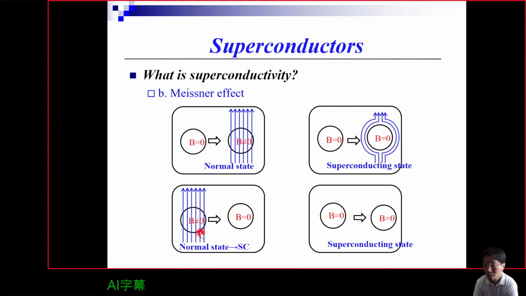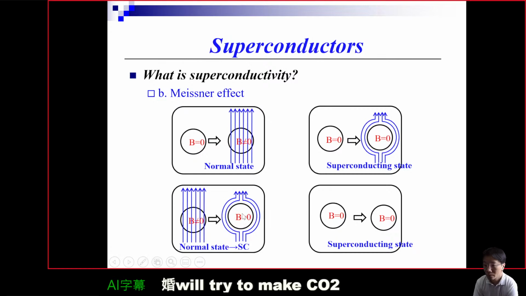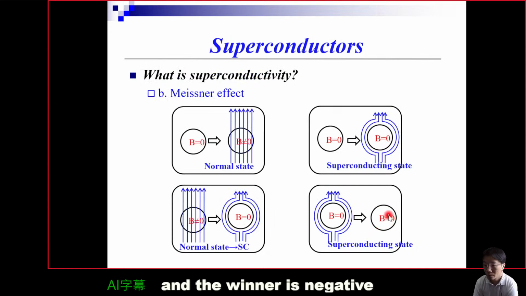The third situation is in the normal state. When we apply the magnetic field here, then cool down below the Tc, the magnetic flux will be pushed outside the superconductor. And in the superconducting state, there is always zero magnetic field inside its body. And when we remove the magnetic field, there is still zero magnetic field here.